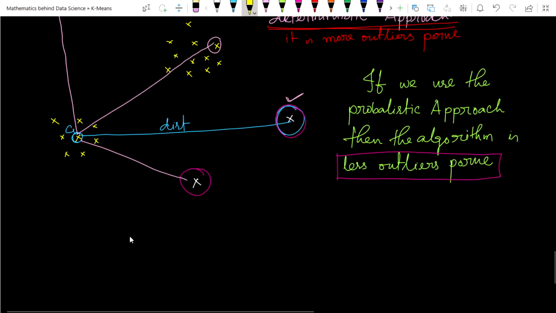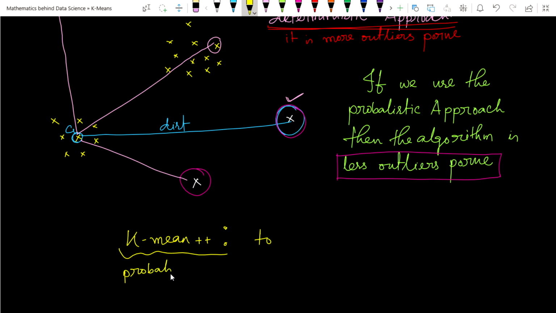The main advantage of k-means++ is the brilliant idea here: the probabilistic approach that we use in k-means++ removes the effects of the outlier.